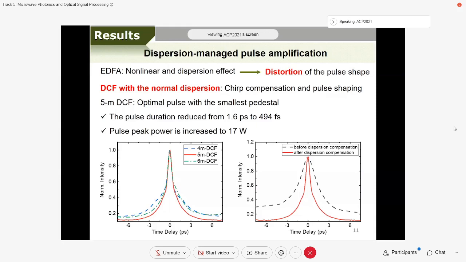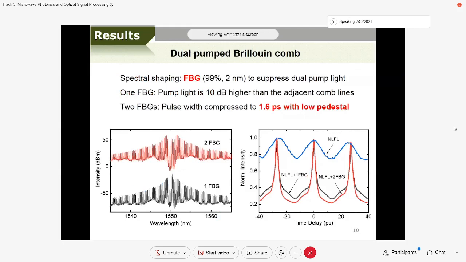First, I use the FBG to compress the optical pulse from the breathing comb, and it is compressed to 1.6 picoseconds.